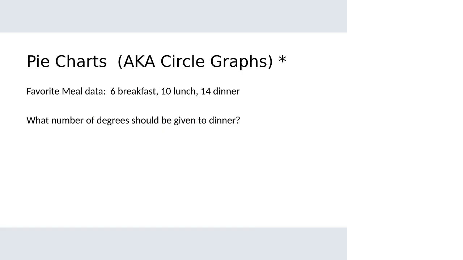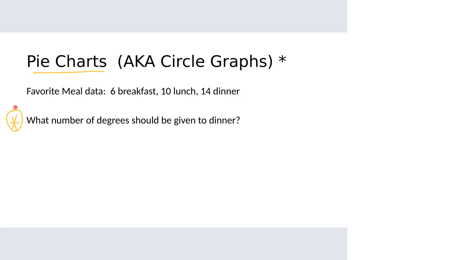Let's say we were collecting data on people's favorite meals, and 6 said breakfast, 10 said lunch, and 14 said dinner. And you're going to make a pie chart for this data. My question to you, which is a great way for me to ask these types of questions, is what number of degrees should be given to dinner? I'm going to set up a poll for this to give you a chance to try it.